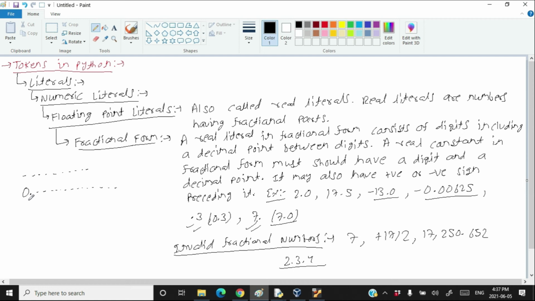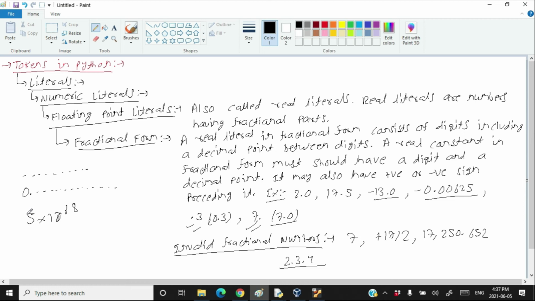Such numbers, which are very big and very small, cannot be represented in fractional form because they are too long. Suppose that I have to write 5 into 10 to the power 68. How will I write it in the fractional form? It's too long to write. So very big and very small numbers are hard and many times impossible to write in fractional form.